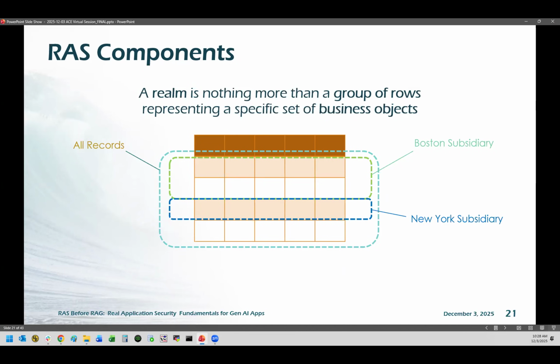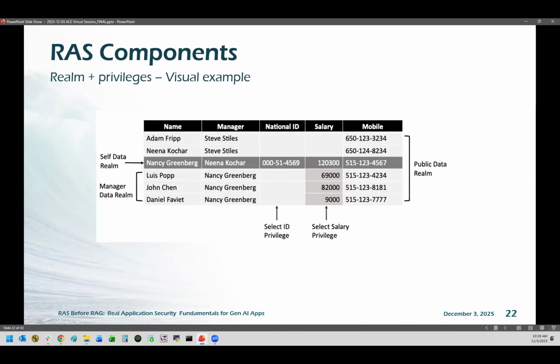Again, think of it like this. You've got a whole bunch of rows in a particular table or set of tables. Some are in Boston, some are in New York, some are in Chicago, right? We're going to limit you based on, in this case, a geographic restriction. So a realm is nothing more than a set of rows, a group of rows specifying a set of business objects.